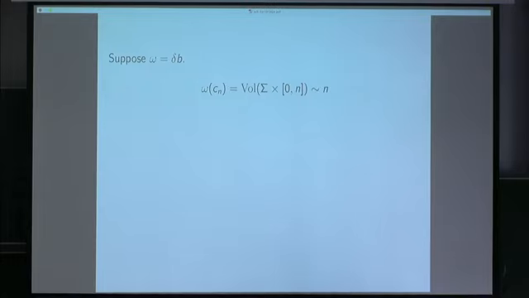On the other hand, if we suppose that omega is the coboundary of a cochain B, then by evaluating omega on C_n, this is the same as evaluating the primitive B on the boundary of C_n. This is just the definition of boundary and coboundary. But now, what is the boundary of C_n? It's just the fixed fundamental cycle for the surface, its difference with the translated one.